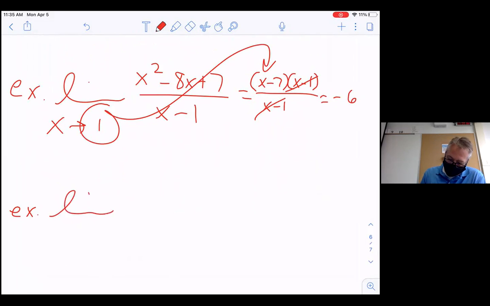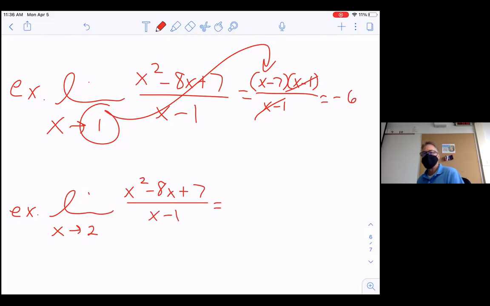All right, let's do the limit as x goes to 2 of the same function. The limit as x goes to 2 of x squared minus 8x plus 7 all over x minus 1.